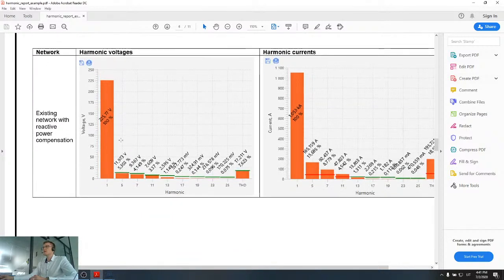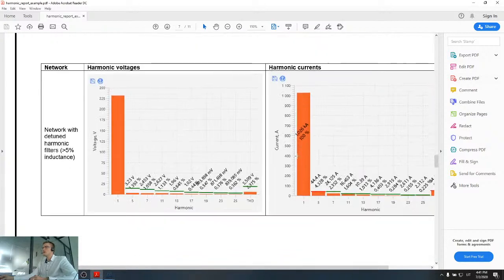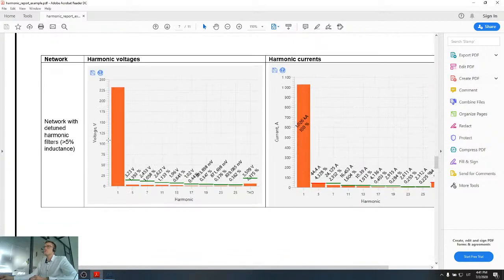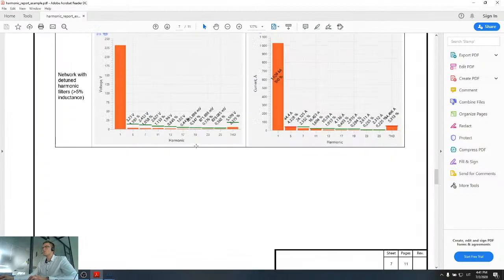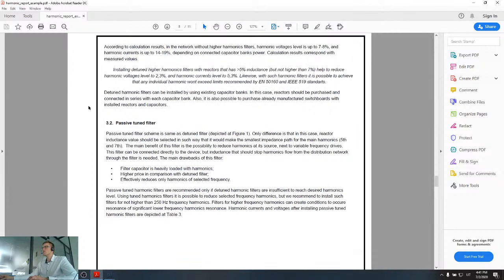Here is the existing network with power compensation, and you can see that we have resonance for the fifth harmonic. The next result is the network with detuned filters with impedance of bigger than 5%. You can see that this detuned filter actually solves the harmonic problems. This was the last example because it solved the problem.